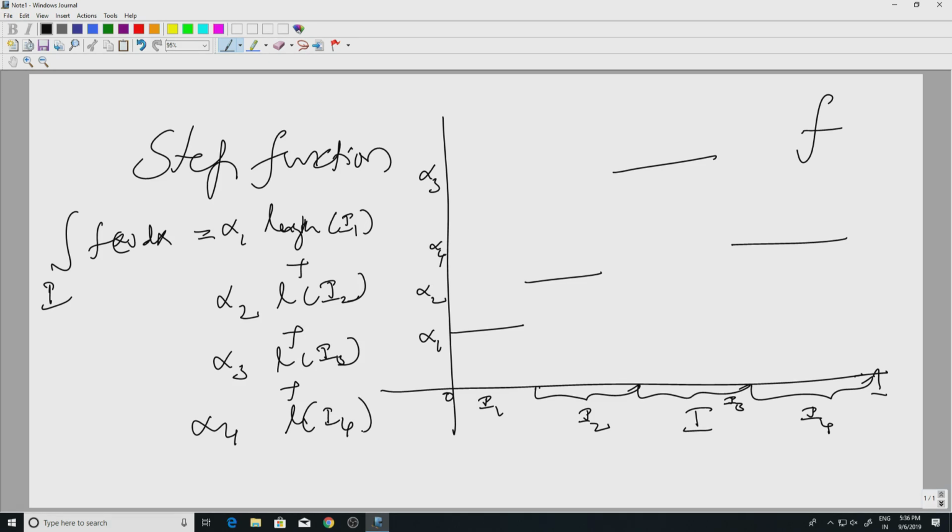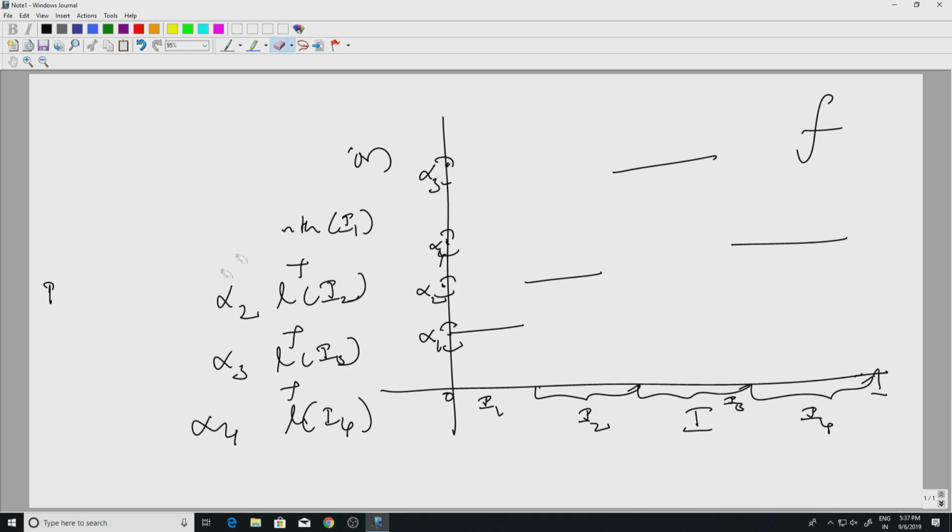Now, as I was saying, in Lebesgue's approach you will be decomposing the range of the function. So, the range of the function is only these 4 points. Let us look at small intervals around these values, and let us say we are taking the inverse image of these values.